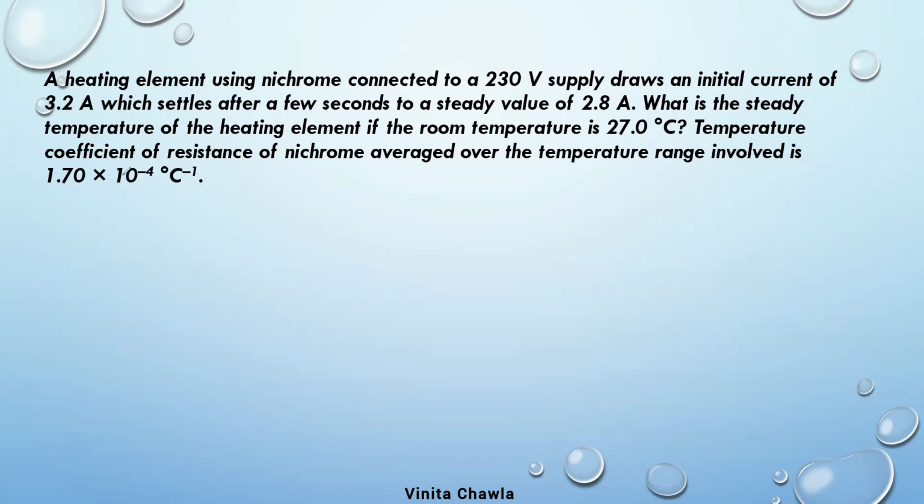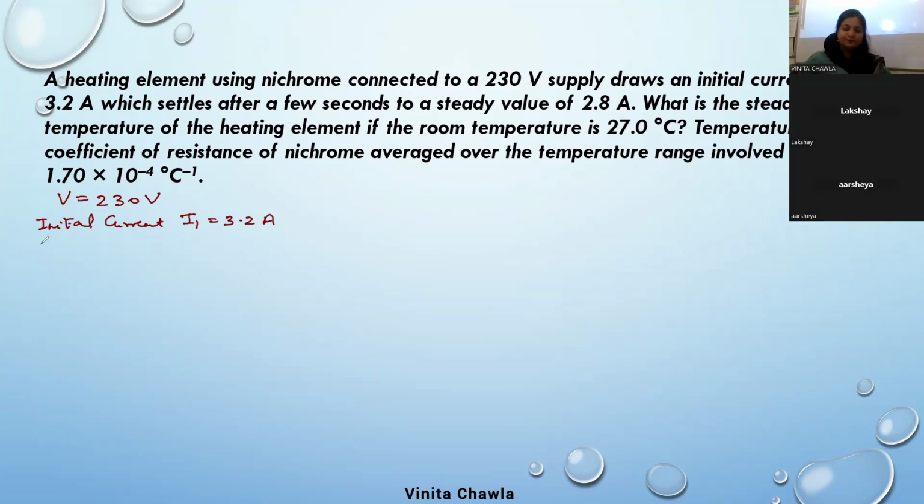Voltage is given. Write the things which are given to you first. Voltage is 230 volt. Initial conditions: initial current I1 is 3.2 ampere. And steady state current is given, it is I2, 2.8 ampere.